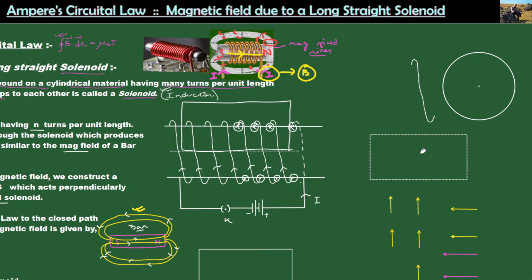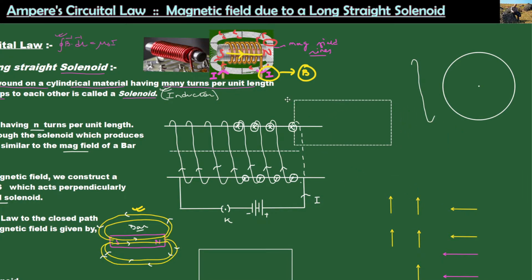I will place this rectangular Amperian loop in such a way that it passes or cuts through the surface, and this Amperian loop will be such that one end of it passes along the axis of the solenoid.